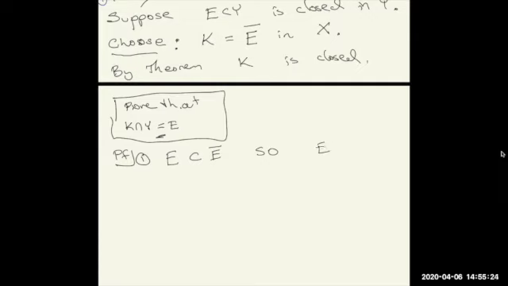So we start from something that is true. Therefore, E intersected with Y is a subset of E bar intersected with Y. But E is also a subset of Y. So E intersected Y is equal to E, which is a subset of K intersected Y, because K is equal to E bar.